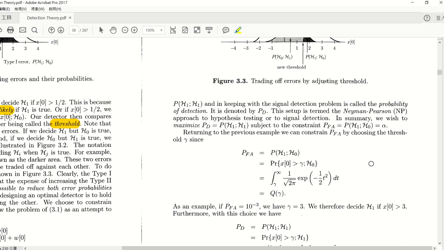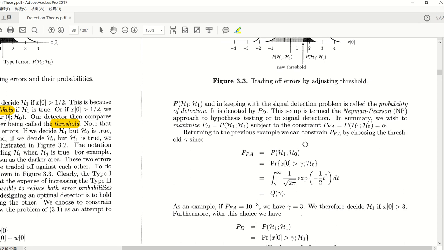Okay, then now we can return to the previous example. We constrain PFA by choosing the threshold gamma. PFA is the probability of H1. Let me clarify the notation a little bit.